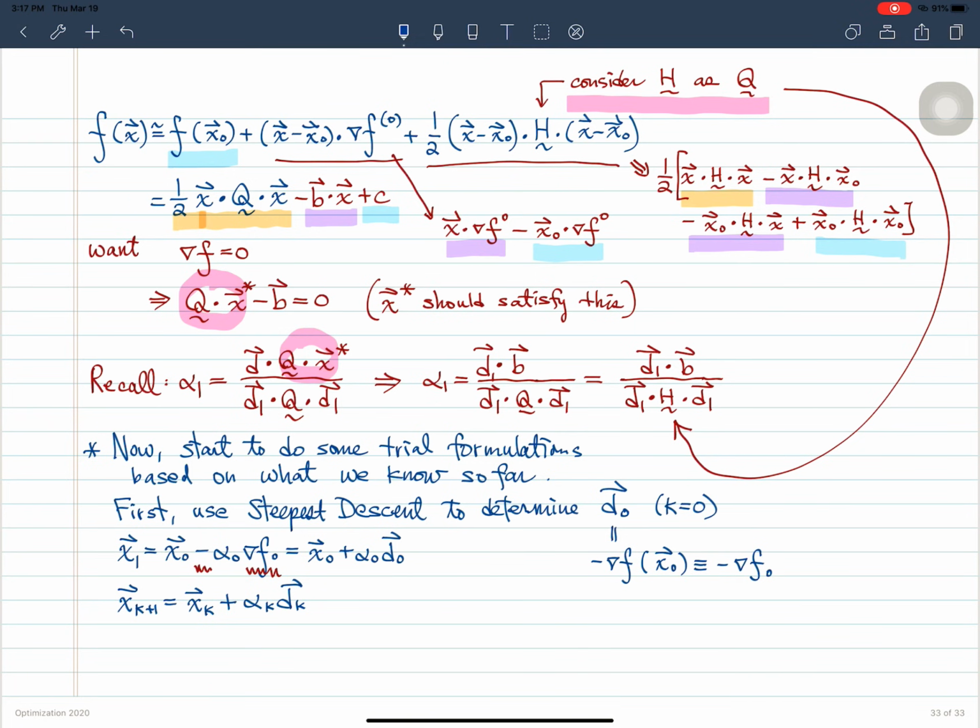But how do we determine dk when we move on to the next iteration? Initially I said we can use steepest descent, but in the second or later iterations, how do we determine dk? We wish this to be Q orthogonal with the previous d, right? So here we need to make one definition.